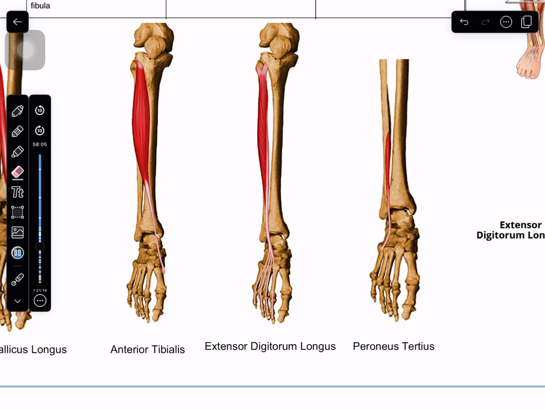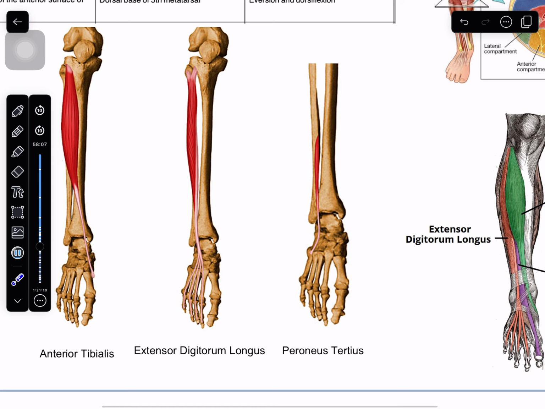Our next one is going to be our extensor digitorum longus. Right. So again, just like we saw with the hand, digitorum is going to be digital. We're talking about the toes here in this case instead of the fingers. And so as we look at the extensor digitorum longus, we can see a little bit more of a lateral origin off the fibular head and the lateral tibial condyle here, right?